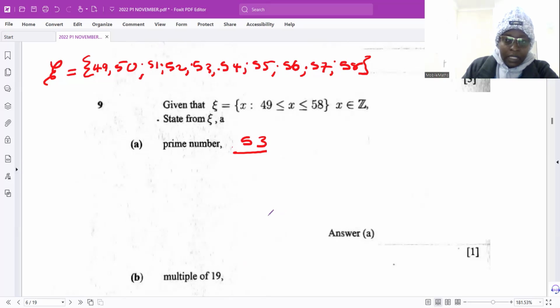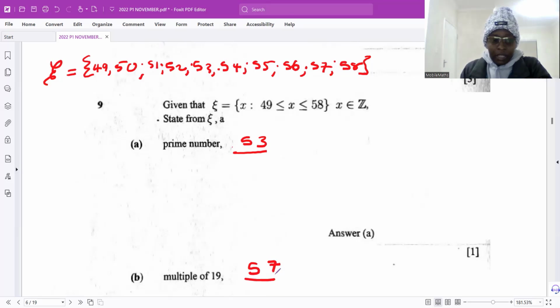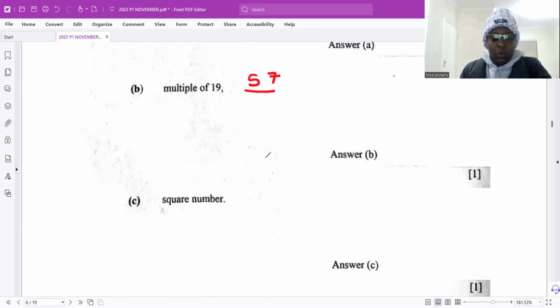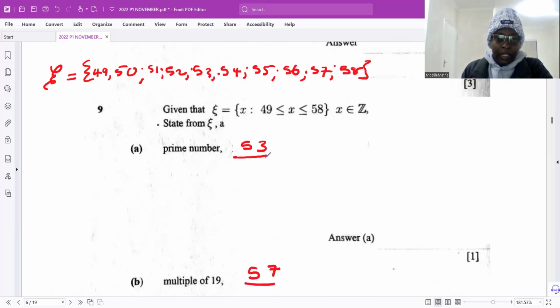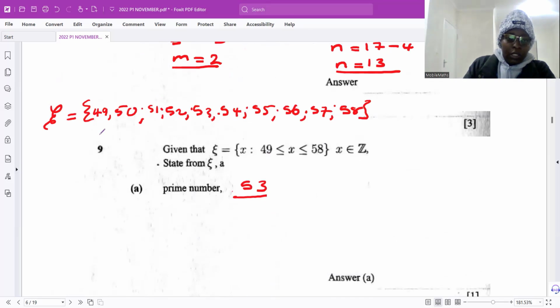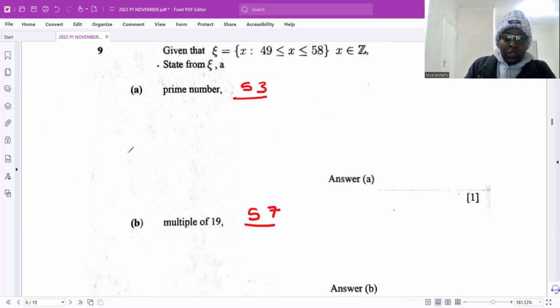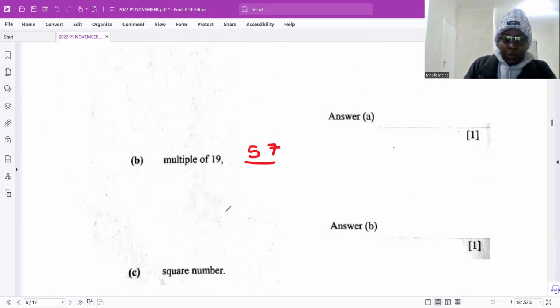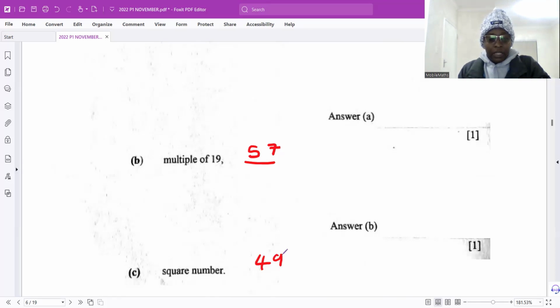A number that can be divided by 19, you find out it's only 57, since 19 can go into 57. Then the other question is saying square number. We have 49 there, so that's a square number, so we can write 49 here. So we are done with this question.